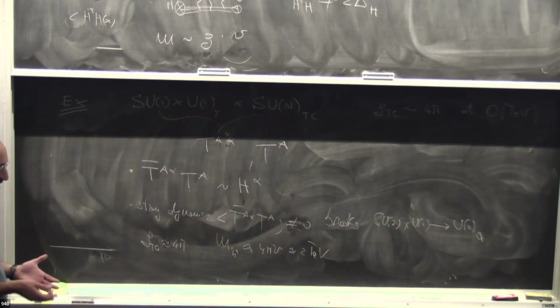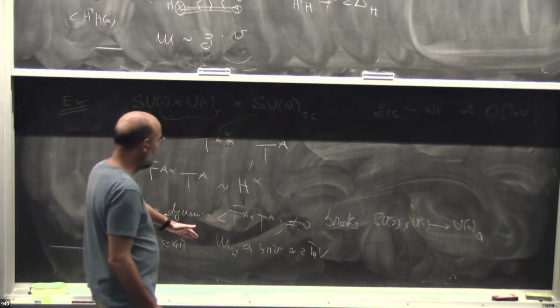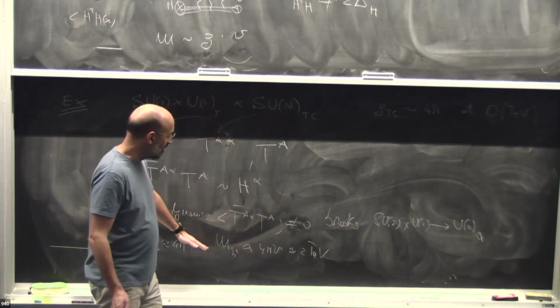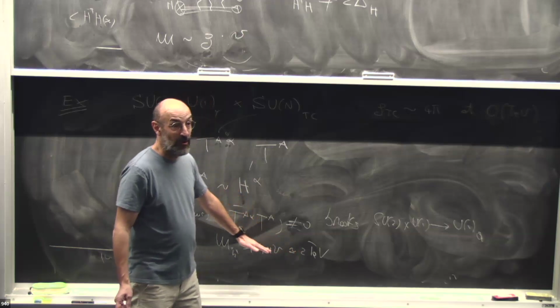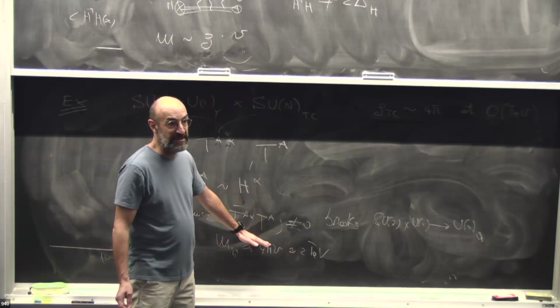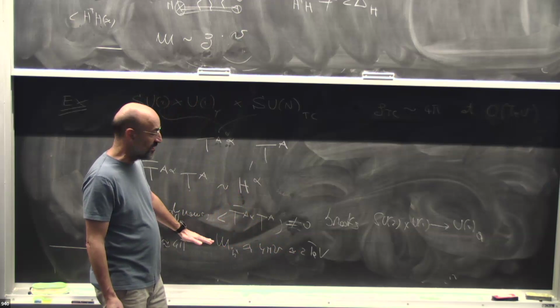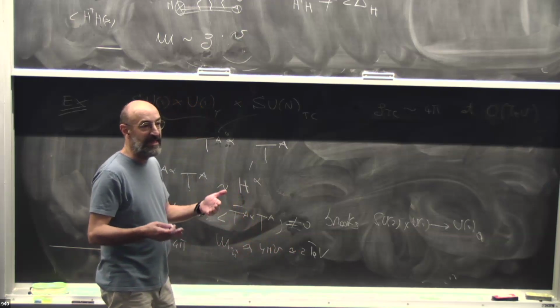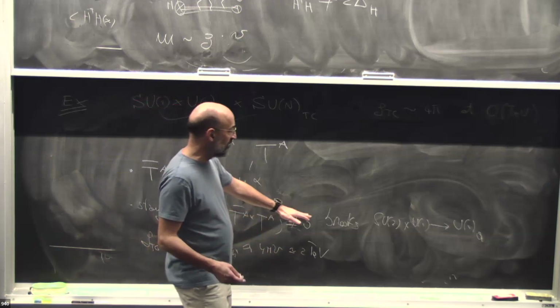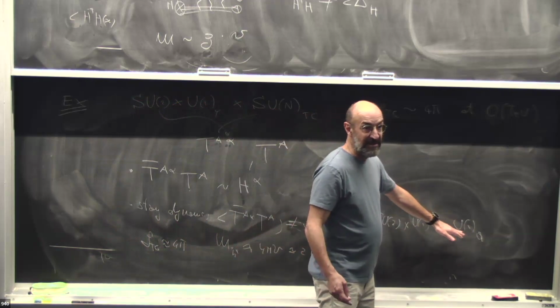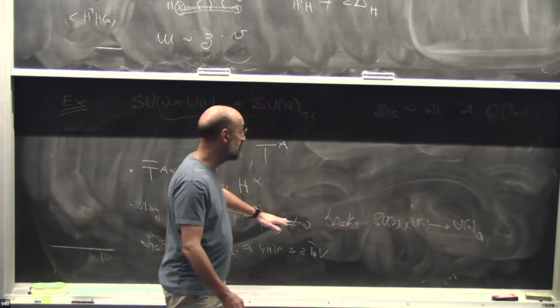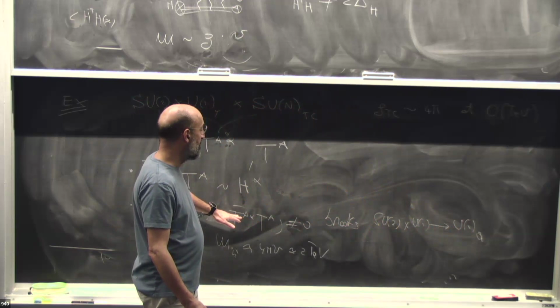That's the essence of the Higgs mechanism. If you are in a situation like this, where there's no Higgs boson, what is the deal? The deal is that without the Higgs boson at this scale, the interactions of the longitudinal vector bosons become strong.